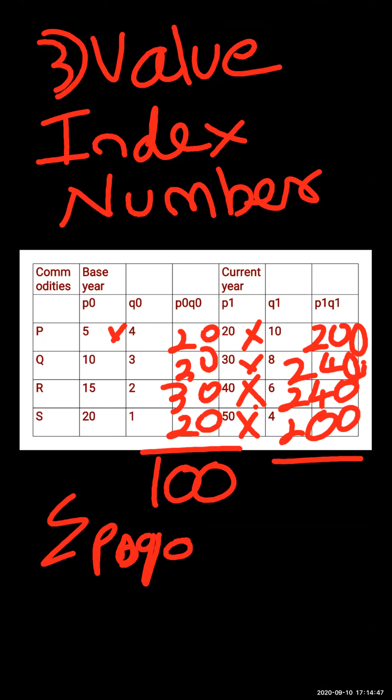And then last, under P1 you can write summation P1 Q1, and under the total column you can write down the total. What is the total? Add 200, 240, 240, 200. Yes, Aniket, Preeti, Kusum, Niranjan. Jigna, wrong. Calculate again.